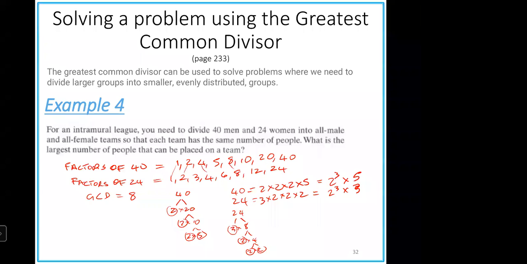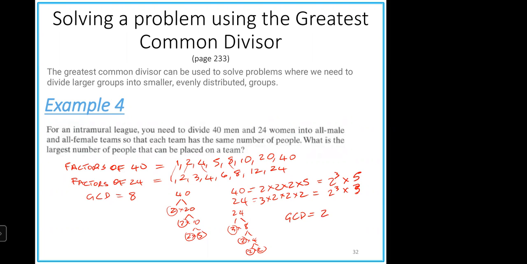Now, if we're using the prime factorization method, which factor is common to both of them? 2. And 5? No, sorry, just 2. So we said the greatest common divisor equals 2.